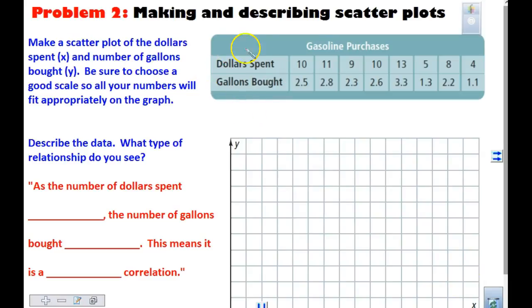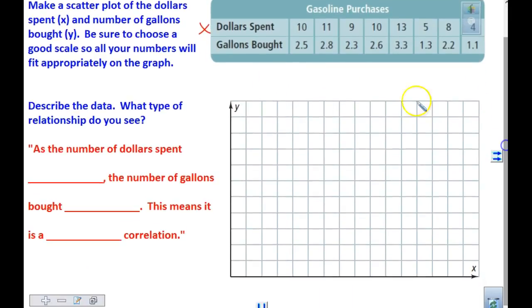So this next page, you're going to be asked to make a scatter plot. In your homework tonight, you're asked to make 3 scatter plots. First thing we want to decide is it tells us to make the scatter plot with the dollars spent as X. So this is on our X-axis, so you can put that label down below. And our Y-axis is going to be the gallons bought.